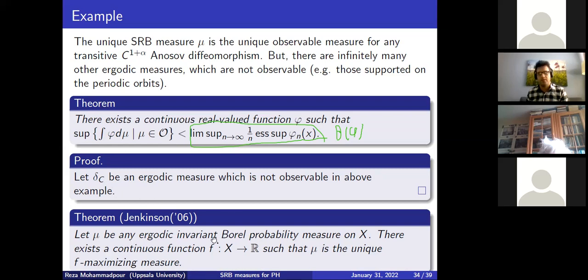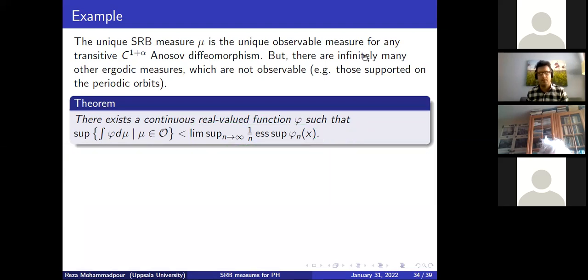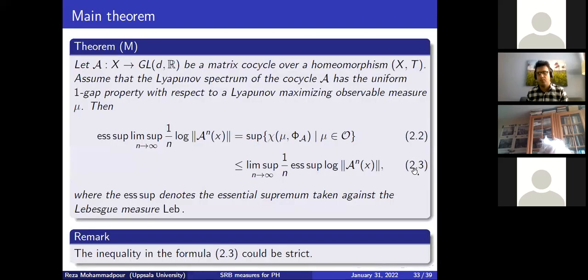We can find some continuous function f for this measure such that the Dirac measure at that point is the unique maximizing measure. So that was the example. We show that 2.3 could be strict.